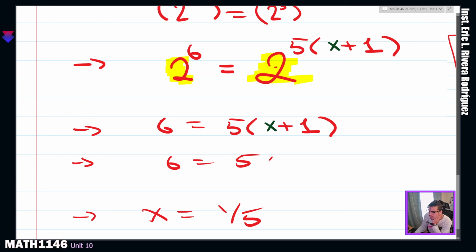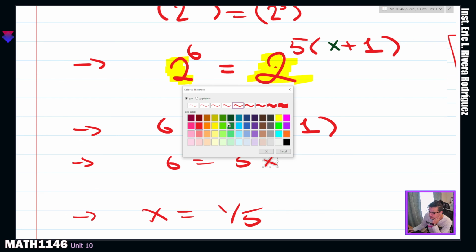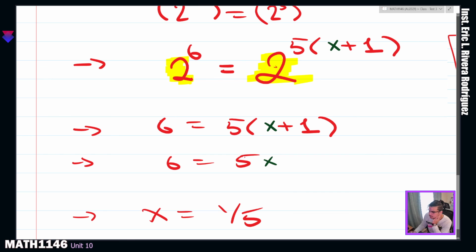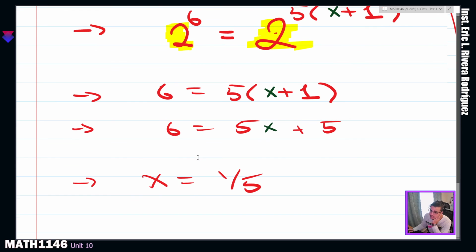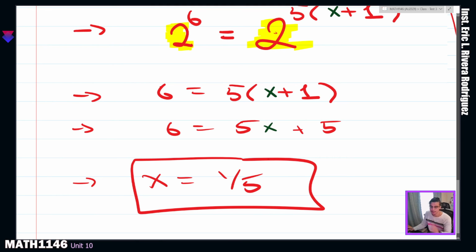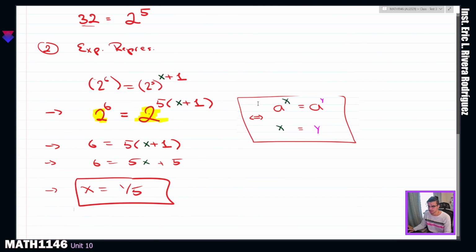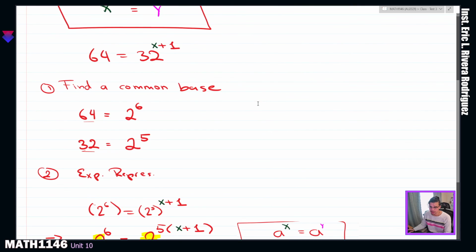So we distribute 5, plus 1 times 5, so it will be 5. Then we subtract, 6 minus 5 is 1, divided by 5 on both sides, 1 over 5. That's the answer.